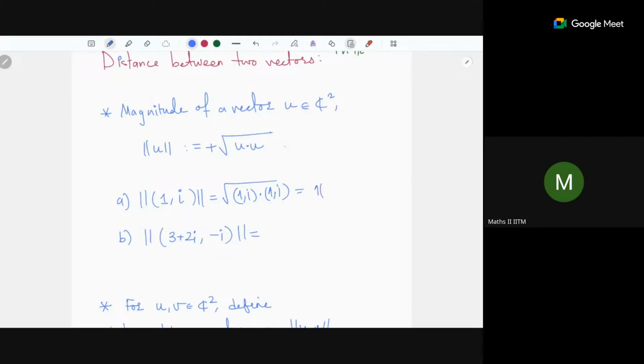Okay, so it is 1 times 1 plus i times the conjugate of i. Right, the second coordinate is i. So the conjugate of i is minus i. So if you square it, the second coordinate becomes minus i square. What is minus i square? It is minus 1. Right. Minus i square is plus 1. Sorry. So it is square root of 2. It is not 0.